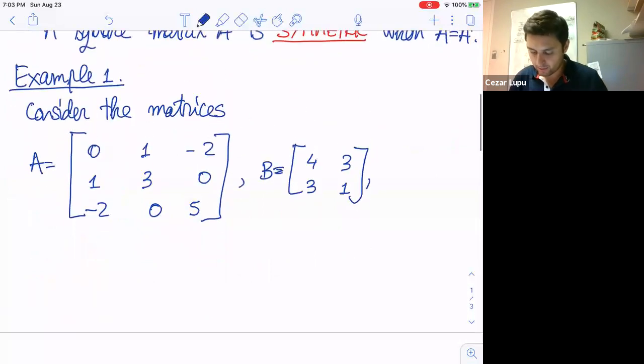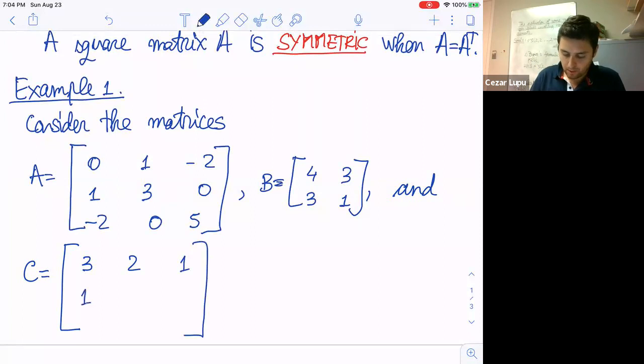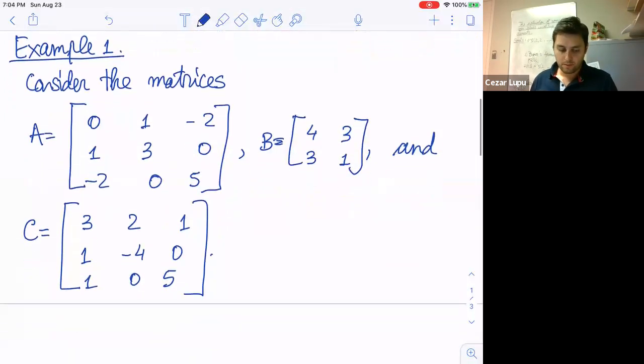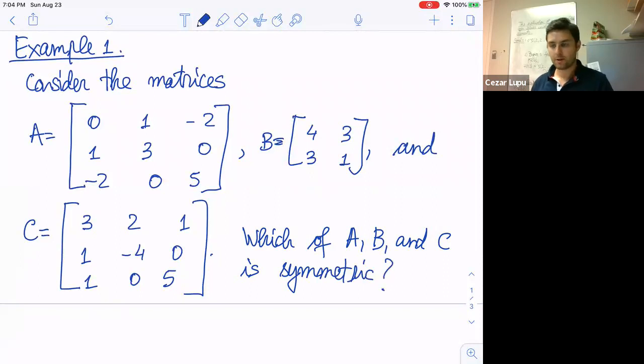And the matrix C is given by 3, 2, 1; 1, -4, 0; and 1, 0, 5. Which of A, B, C is symmetric? That is the question we want to answer.